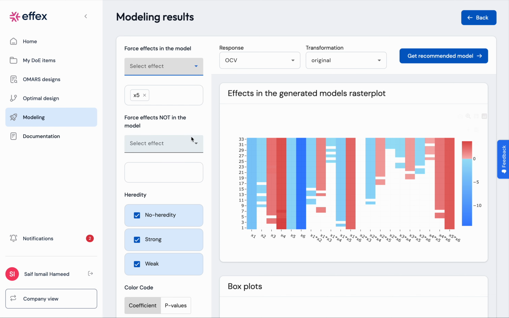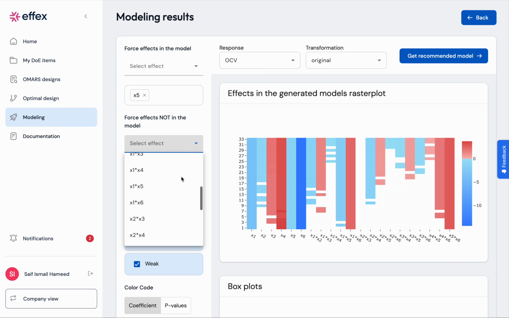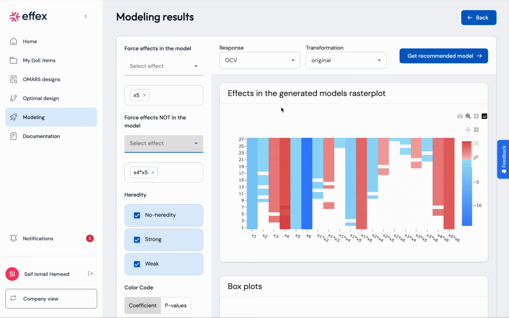So then you can do the opposite, which is force effects not in the model, and I can click on x4, x5 over here, and now I'm looking at models that don't have x4, x5 in them.